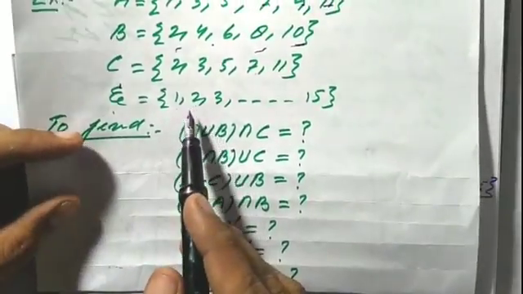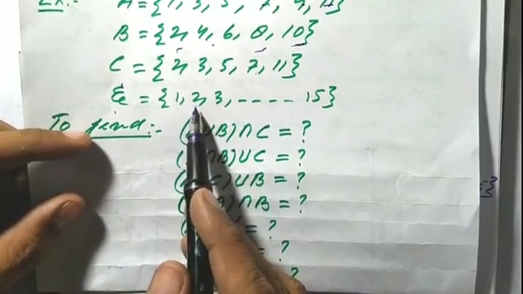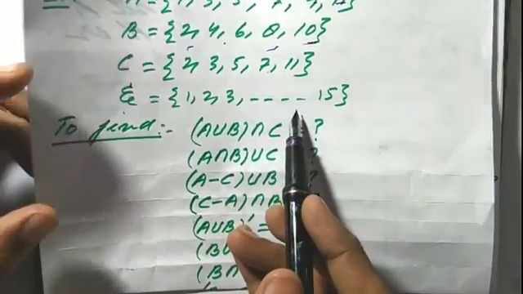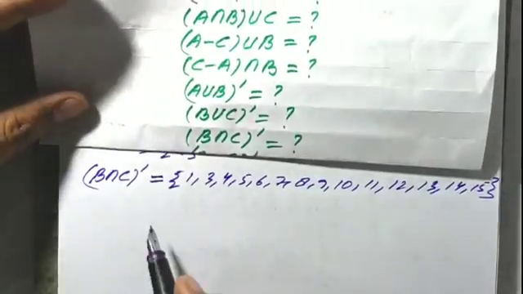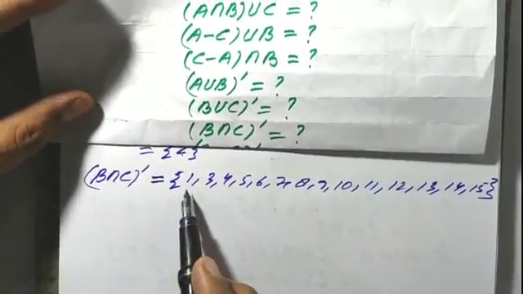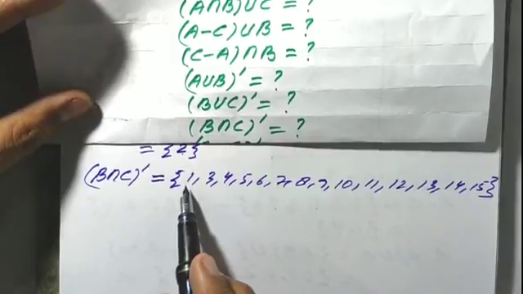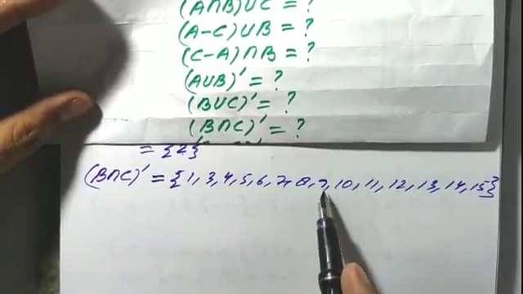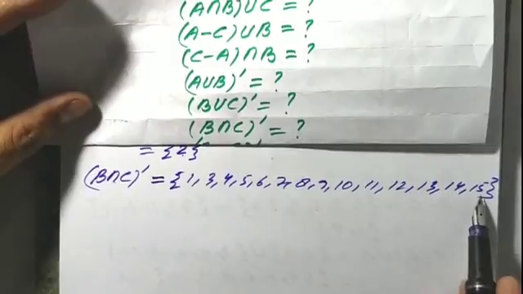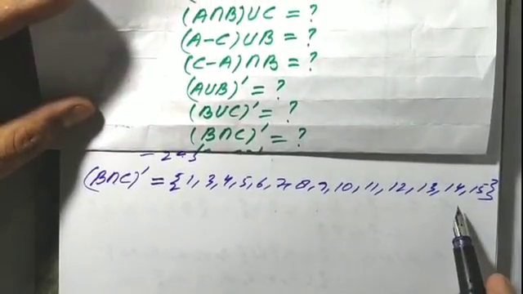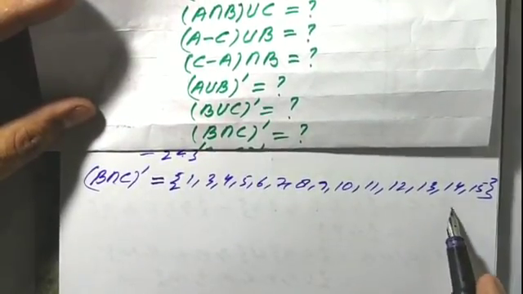So we have to exclude only element 2 from the elements of the universal set. So we have taken 1, 3, 4, 5, 6, 7, 8, 9, 10, 11, 12, 13, 14, 15, and this is the complement of B intersection C.